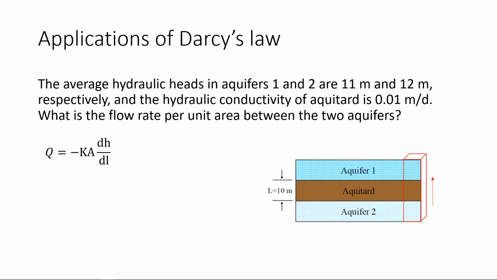Now the average hydraulic head in aquifer 1 and 2 is 11 and 12 meters respectively. So I have aquifer 1 here, and aquifer 2 here, and assuming the head is vertically constant.